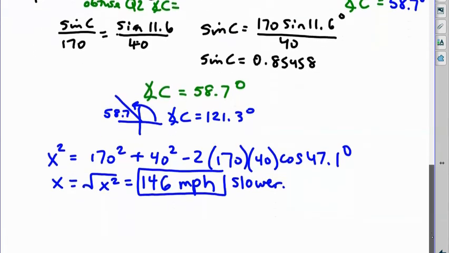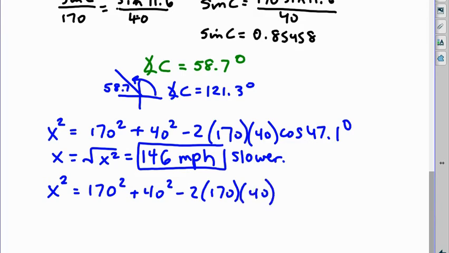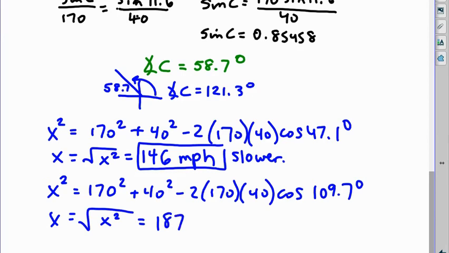And when I set up the other one, x squared equals 170 squared plus 40 squared minus 2 times 170 times 40, but this time my angle is a different angle. It's 109.7 degrees. And when I do that angle where this plane is being helped by the wind, I get an airspeed of 187 miles per hour, which is faster than we even expected to be going.